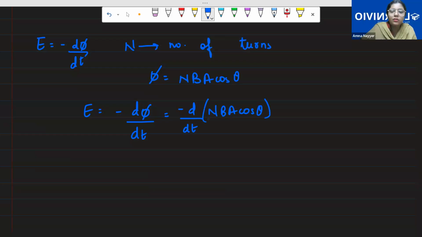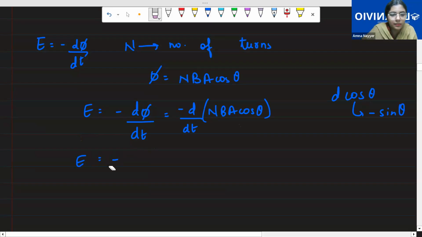Now, look here, when you differentiate cos theta, it gives you minus sine theta. In fact, I'll do one more step because otherwise the constant term will go off.